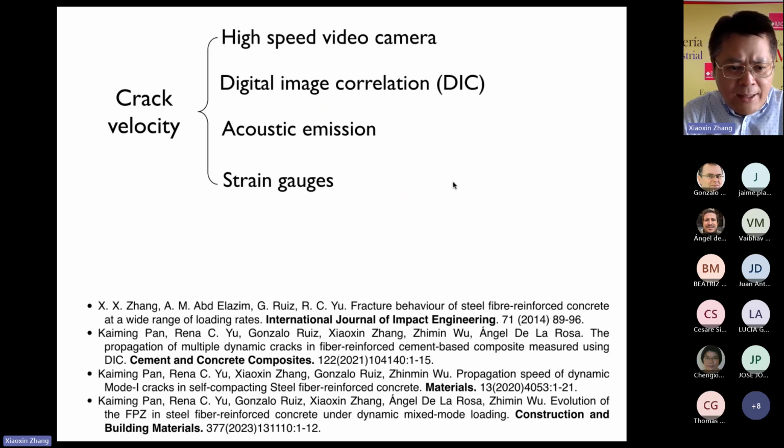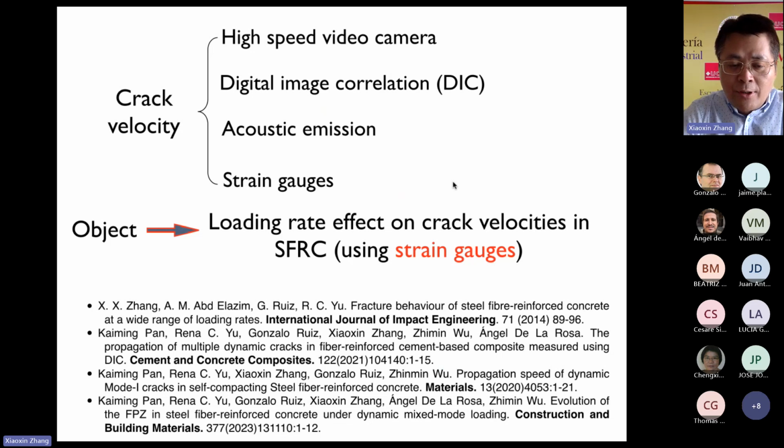In the lower part, I listed four papers related to this topic. Regarding the high-speed video camera and digital image correlation, recently we have published several papers on this topic. But in this presentation, I want to concentrate on using strain gauges to study the loading rate effect on the crack velocity in steel fiber reinforced concrete.